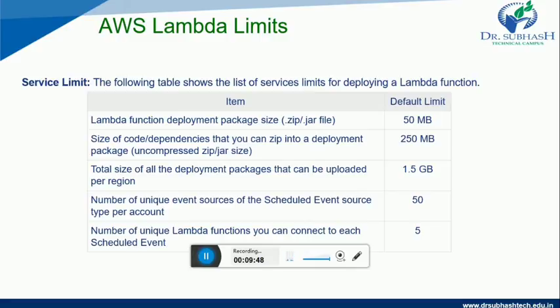The total size of all the deployment packages that can be uploaded per region is 1.5 GB. The number of unique event sources of the scheduled event source type per account is 50. And the last service limit is the number of unique Lambda functions that you can connect to each scheduled event, which is 5. So friends, these are the limits of AWS Lambda functions.